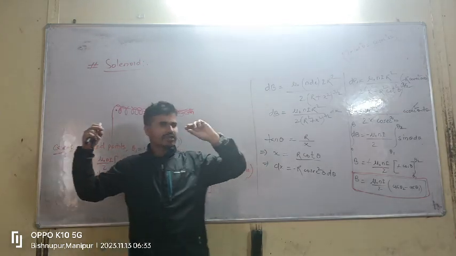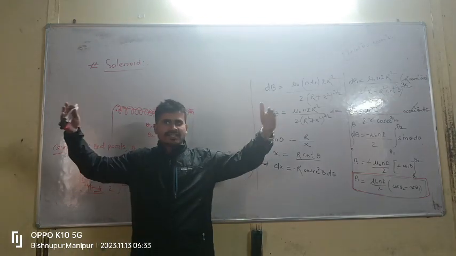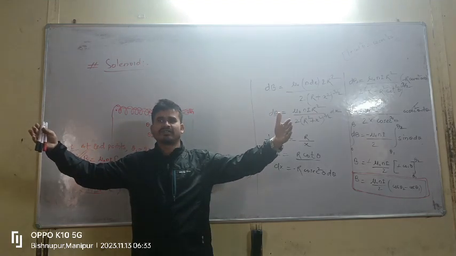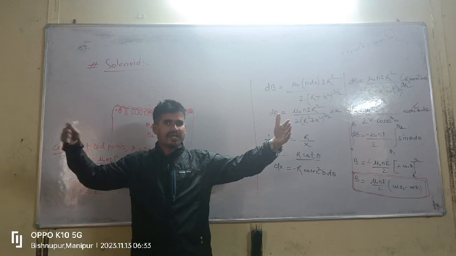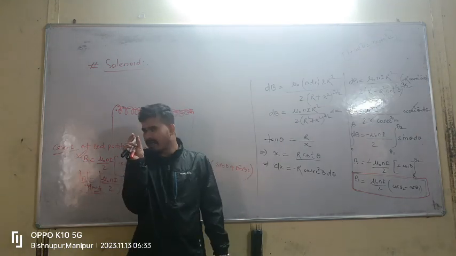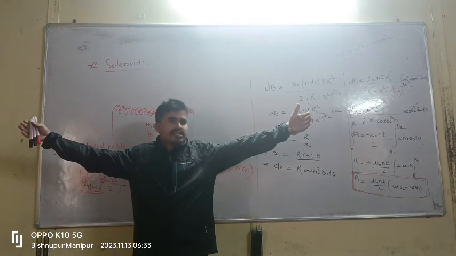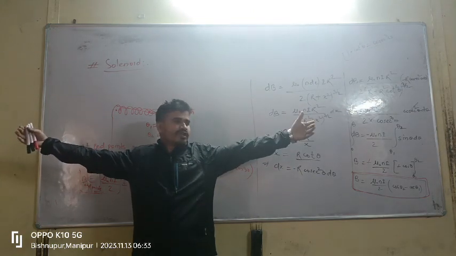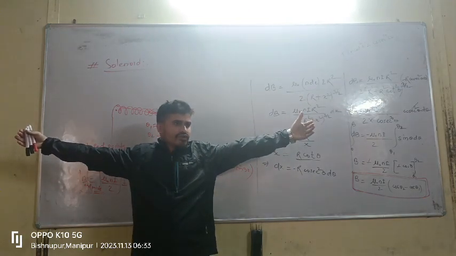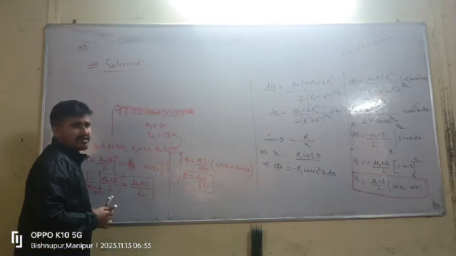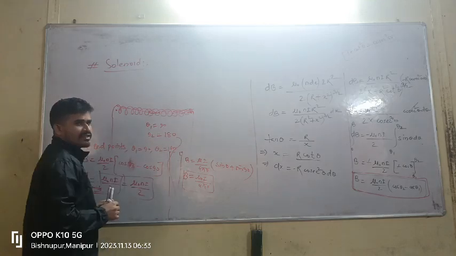If the radius of the solenoid is very small and the length is this much, is it of infinite length? According to the radius, yes, because the radius is very small compared to this. It is large, more than large, so it is of infinite length.